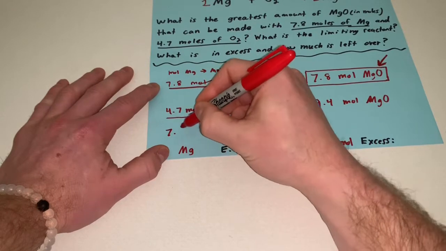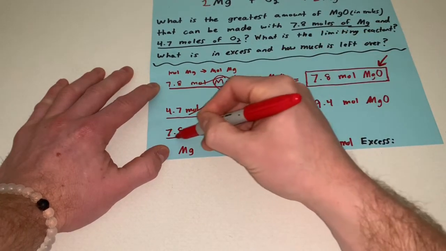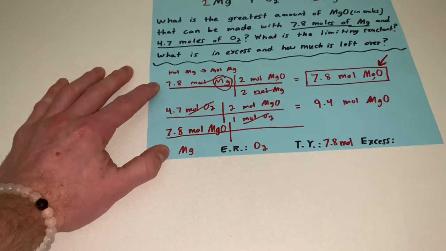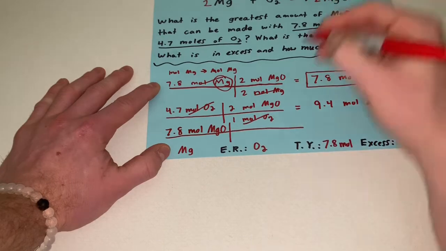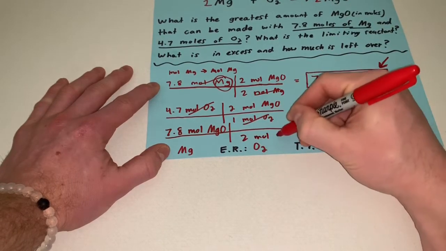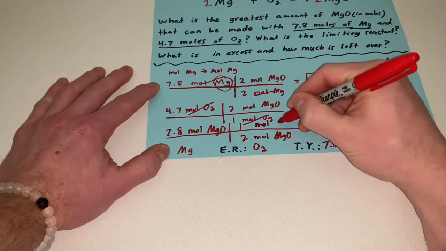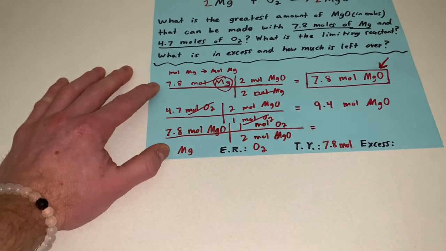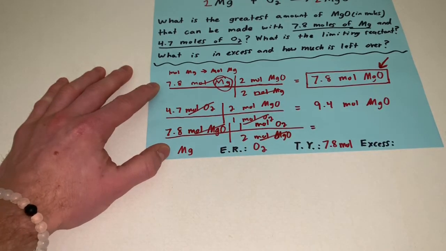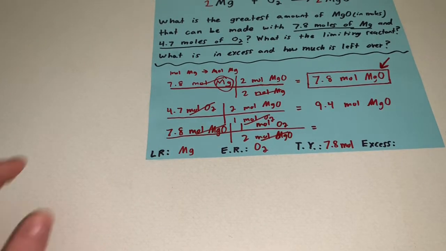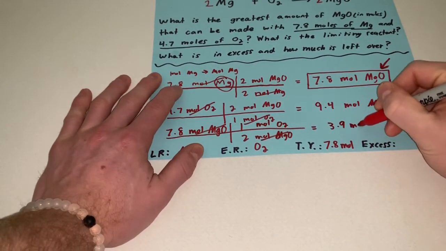So we need to do one more stoichiometric calculation, 7.8 moles of magnesium oxide. If you have 7.8 moles of magnesium oxide, there are 2 moles of magnesium oxide for every 1 mole of oxygen, because that's our excess. 7.8 divided by 2 is 3.9 moles of oxygen.